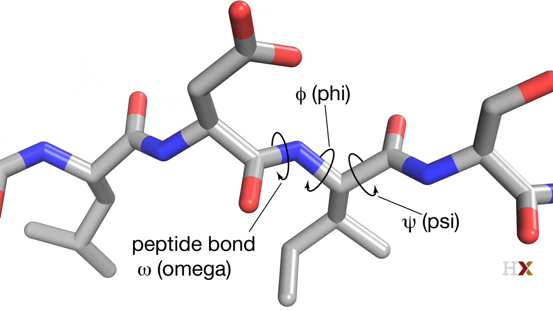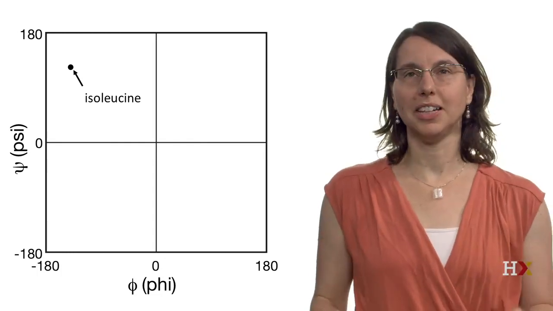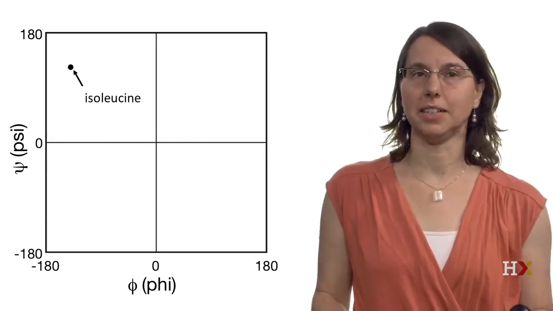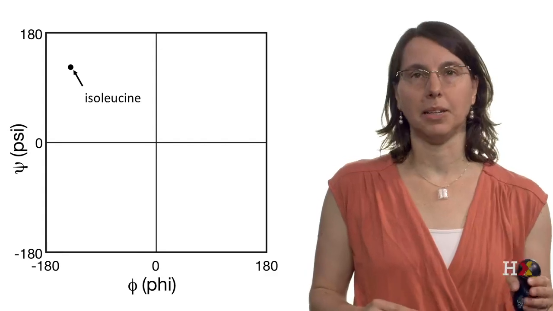Each residue therefore has 2 such dihedral angles. So this isoleucine has dihedral angles phi of minus 138 degrees and psi of 132 degrees. Here I've plotted the dihedral angle values for this isoleucine on a phi and psi plot.